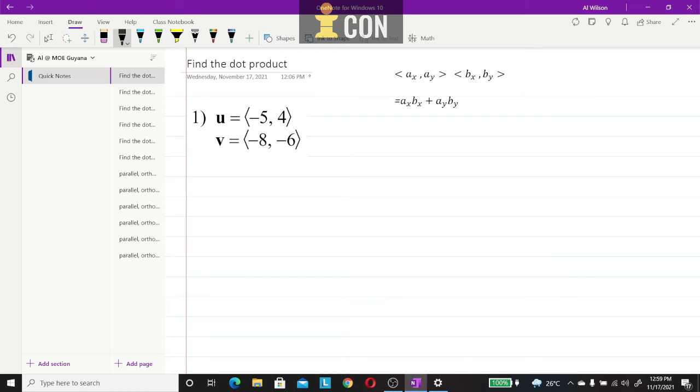Yes, what we actually have is u dot v is equal to, so our x's would be minus 5 times minus 8, and we're going to add this to minus 4 times minus 6. And what is going to give us is 40, negative 5 times 8, 40, and we have 6 times minus 6 times 4, which is going to give me minus 24. So here the answer is going to be 16.